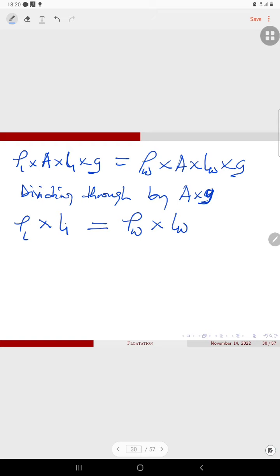Maybe someone is confused. How did it happen? When you divide here by A times J and you divide here by A times J, they will divide and go. Okay? That is why I have that.